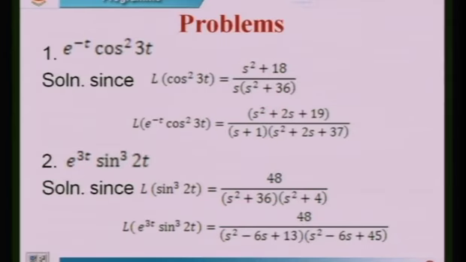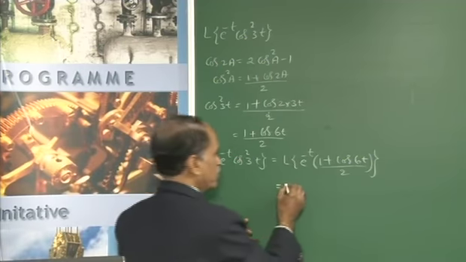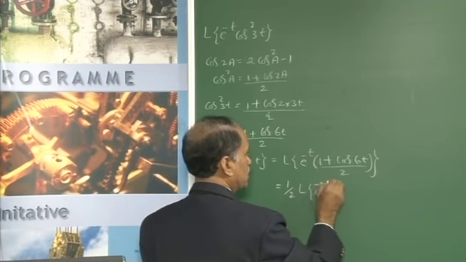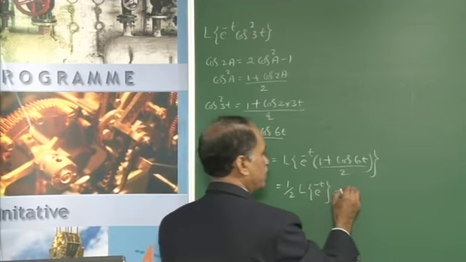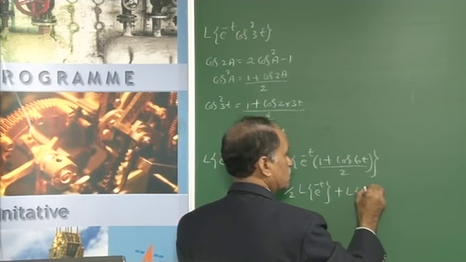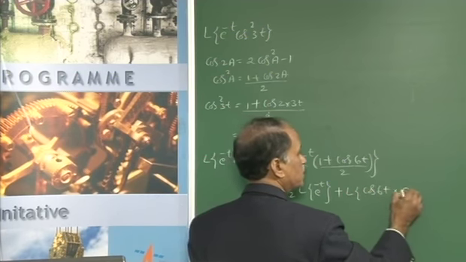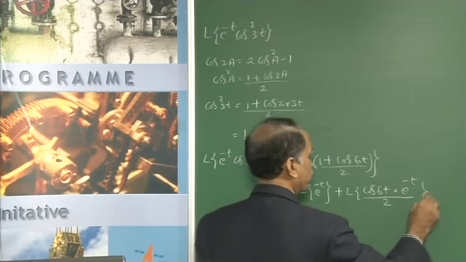In one of my previous lectures, I told you that when you apply Laplace to each term, it is the application of the linearity property. Therefore, 1 by 2 Laplace transform of e to the power minus t applied to 1, plus L of cos of 6t multiplied by e to the power minus t, divided by 2.